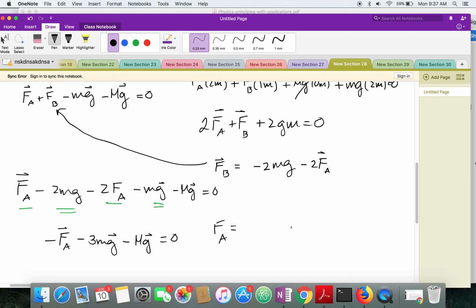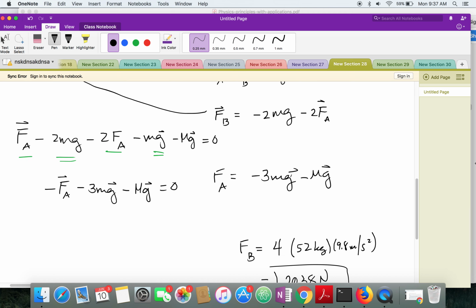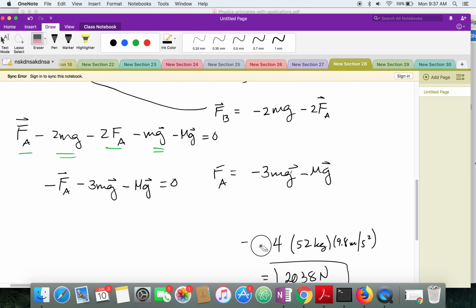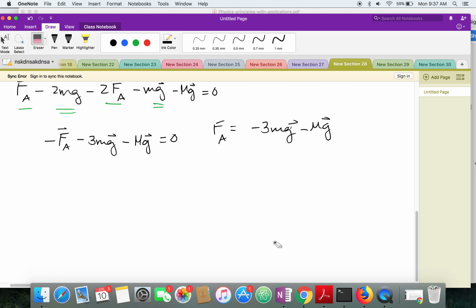So FA, in this particular case, is going to be minus, again, this is giving a direction, the magnitudes are really what matters, minus 3mg minus big mg. You can even factor out the g if you were so inclined.